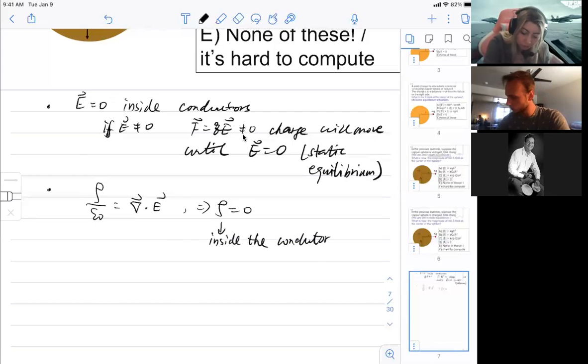That means if you have extra or net charge, an excess amount of charges, then these extra charges will live outside. They're not going to live inside the conductor. So the excess charges will move to live on the surface of a conductor.